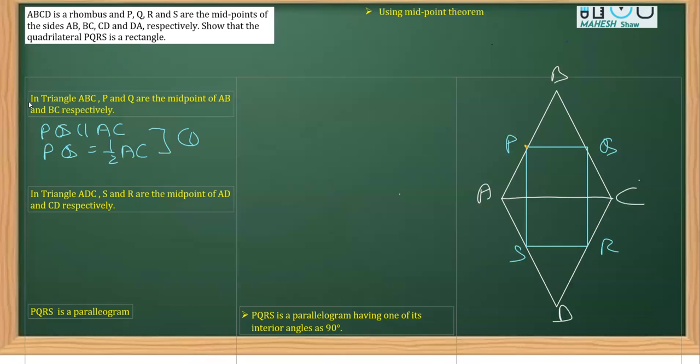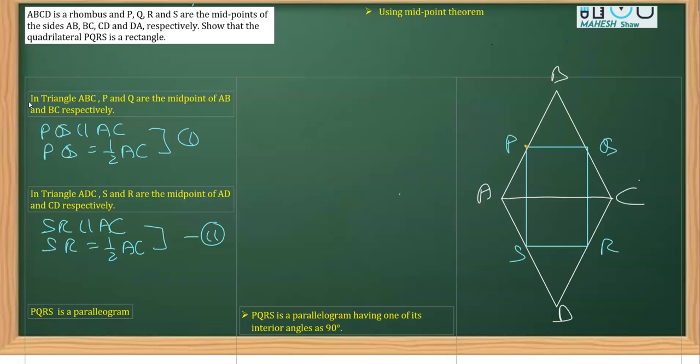So here also we'll apply the midpoint theorem and say that in triangle ADC, S and R are the midpoints of AD and CD respectively. Therefore, by using the midpoint theorem, SR is parallel to AC and SR is equal to half of AC. Say I can mark this equation 2.